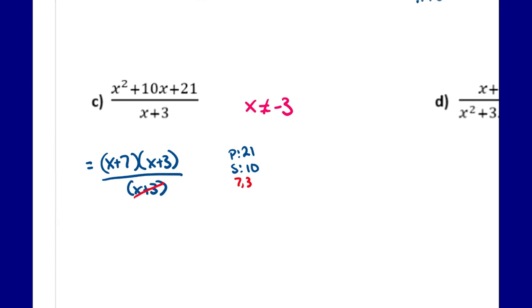So that entire binomial can cancel out. I'm left with x plus 7. And my only restriction in this case is that x cannot equal negative 3, because again, it goes back to the original expression. So the simplified expression is x plus 7, but the restriction is x cannot equal negative 3.